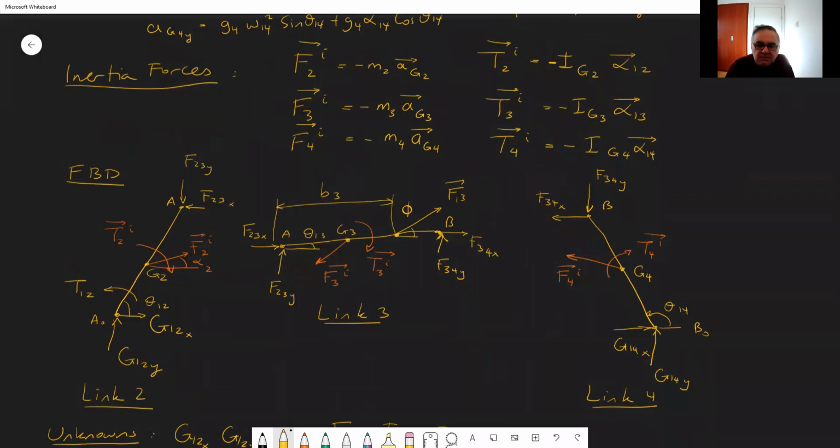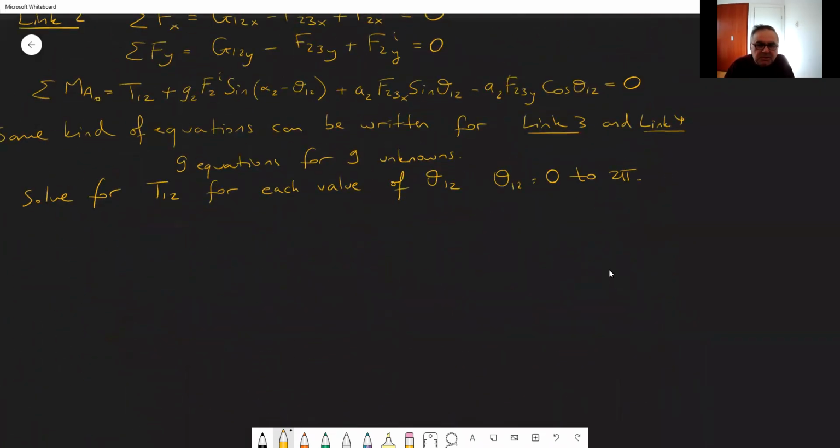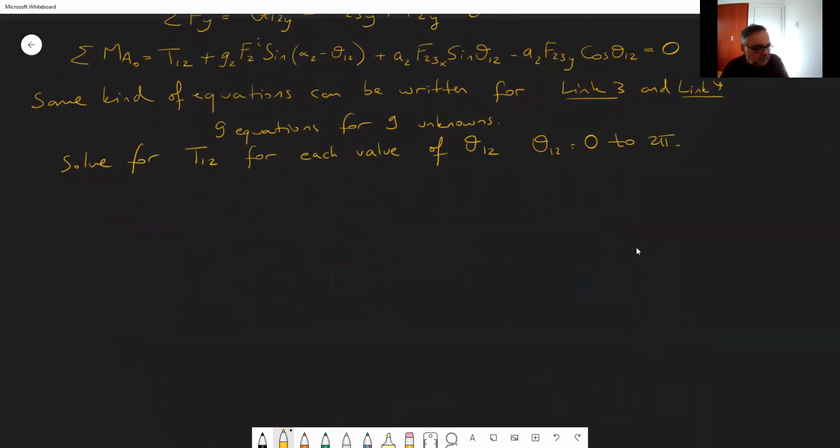So of course, it's almost impossible to do it by hand. But if you program it, you can solve for T12 for each position of theta.